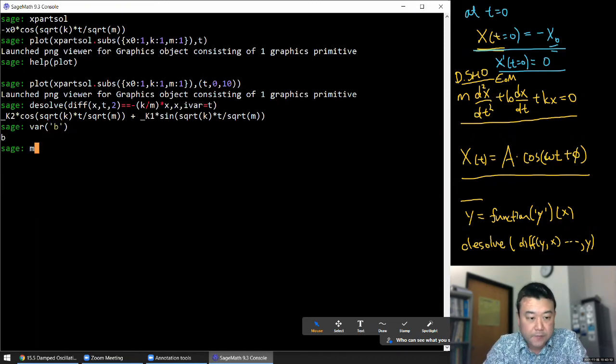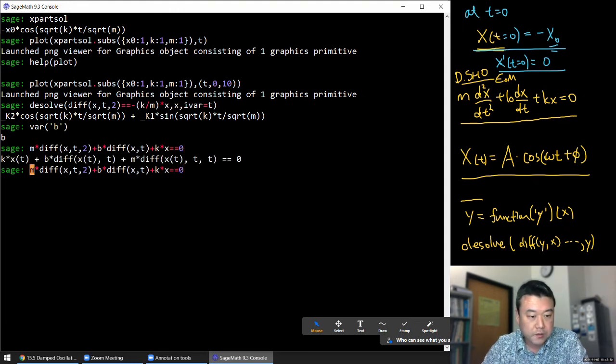So I have m times the derivative of x with respect to t, second order, plus b times the derivative of x with respect to t, first order, plus k times x is equal to 0. That's my differential equation. And what I want to do is solve it for function x.